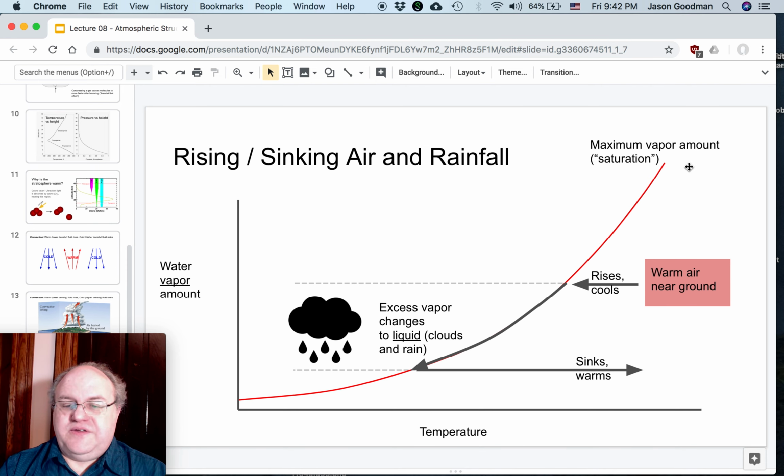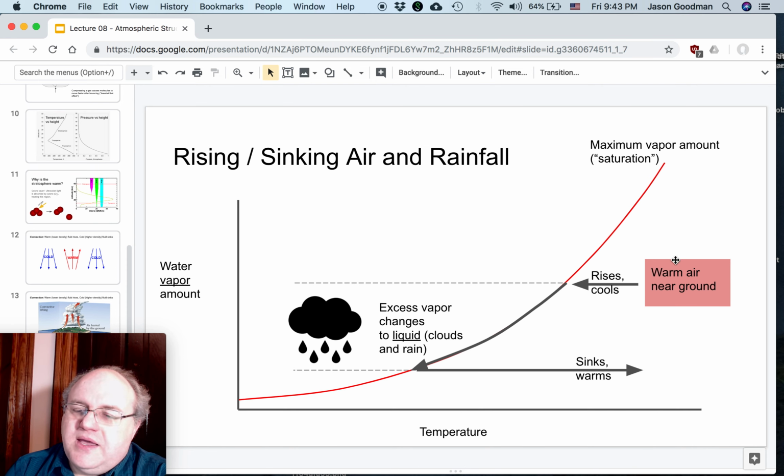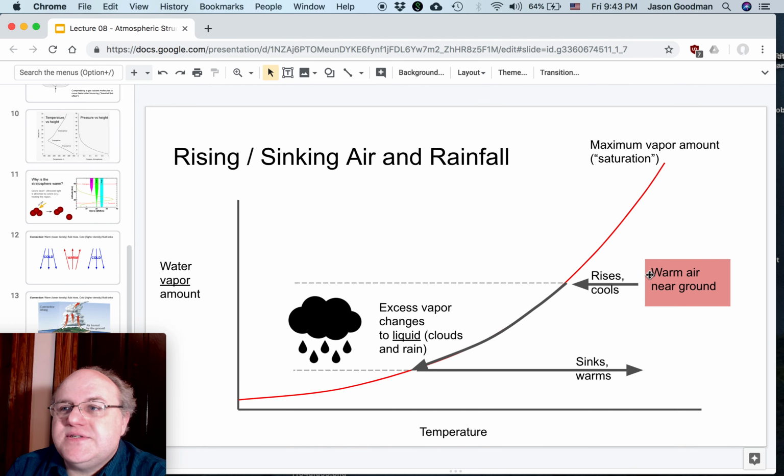We said there's this maximum upper limit of water vapor that you can have. From there, the air begins to rise, and as it rises, it cools. We talked about that just a moment ago. So as the air cools, it moves to the left on this diagram, and almost inevitably it'll eventually come into contact with this maximum upper limit of water vapor.